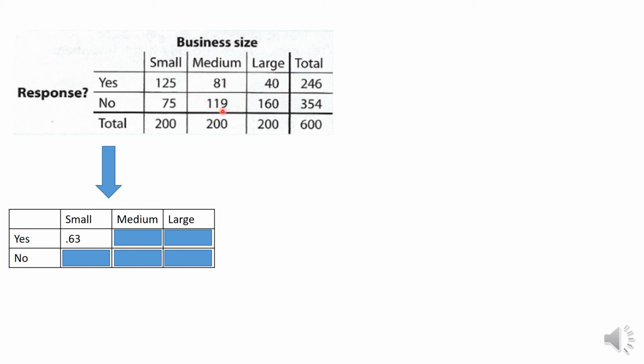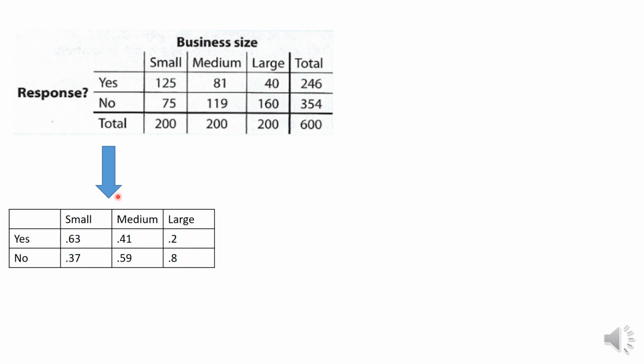That's going to be 119 divided by 200, or 0.59. Remember, 0.59 is the exact same thing as 59%, and 0.63 is the exact same thing as 63%. So we can go about doing this for the rest of these boxes. When you do so, you should get the following.